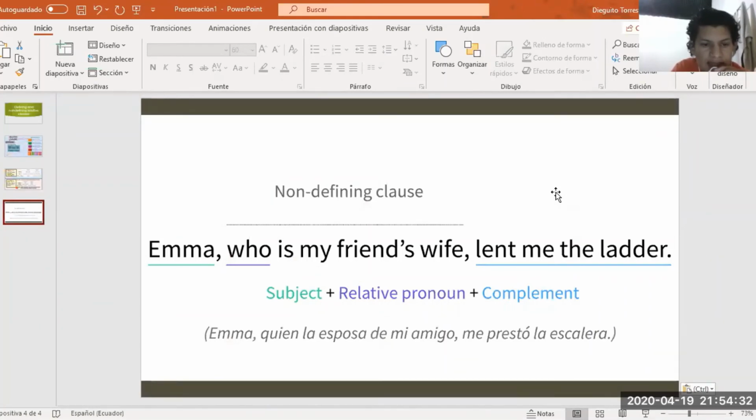Okay, it's Emma, the subject, the relative pronoun who, is my friend's wife, is the non-defining clause, all with who, that is the relative pronoun, and lent me the later is the complement. Okay, I have one example for you.